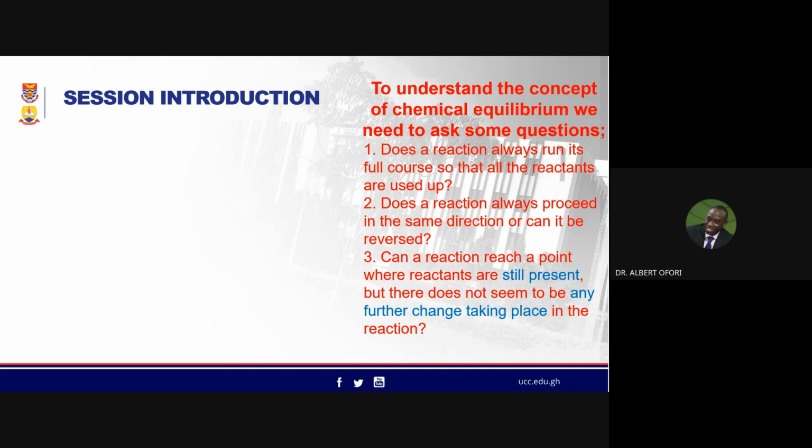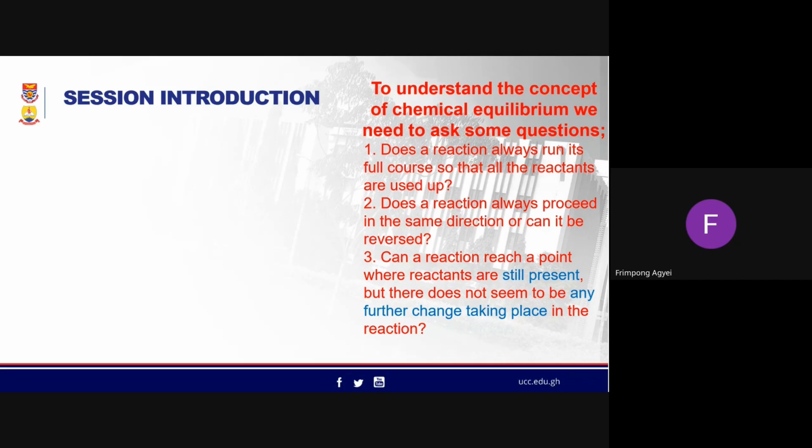Does a reaction always run its full course so that all the reactants are used up? No. Your reason? From what you just taught us, we can easily deduce that when chemical equilibrium is established, there is no complete reaction.